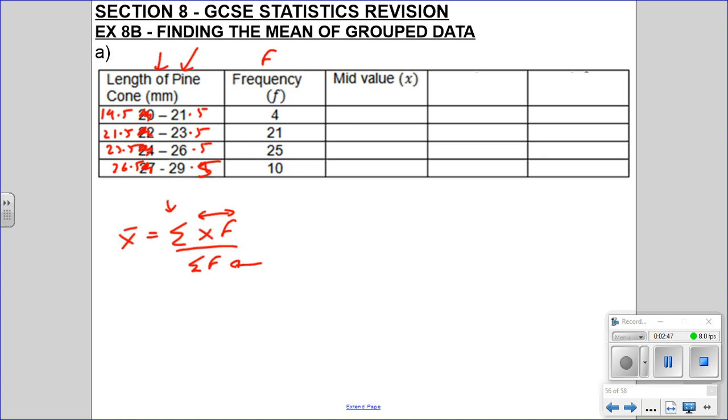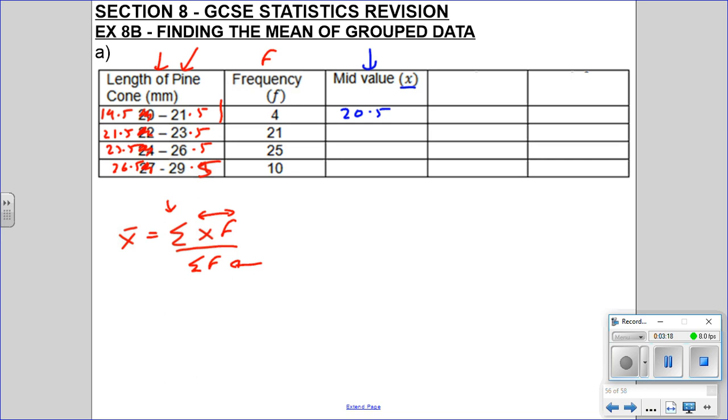How do you do that though if the lengths of pine cones are given as an interval? At the moment, a length of a pine cone is between 19.5 and 21.5. So what we do is we take the assumption that each pine cone on average is going to be the mid value of each group. The mid value between 19.5 and 21.5 is going to be 20.5.